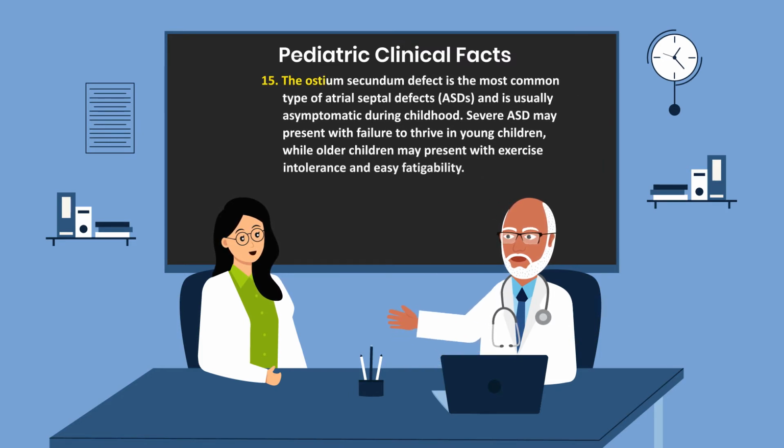The ostium secundum defect is the most common type of atrial septal defects and is usually asymptomatic during childhood. Severe atrial septal defect may present with failure to thrive in young children, while older children may present with exercise intolerance and easy fatigability.